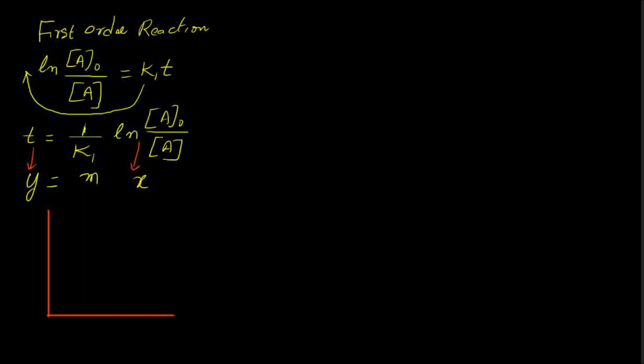Here on the y-axis is time, on the x-axis is ln a naught by a, and there is no intercept, so it is a straight line from the origin, and the slope equals 1 by k1.